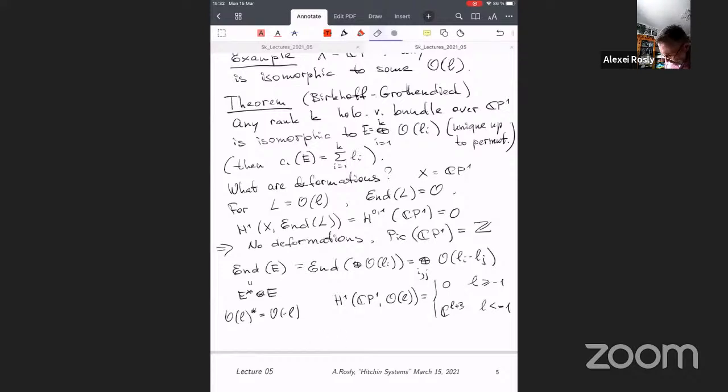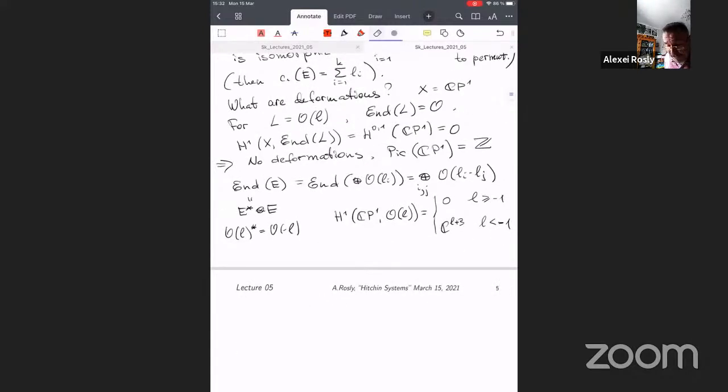You should remember this actually. It's due to Serre duality. So H1 on any manifold with coefficient, say, in line bundle L, for X of dimension 1, is dual to H0 of X, dual of L tensor with canonical bundle KX.